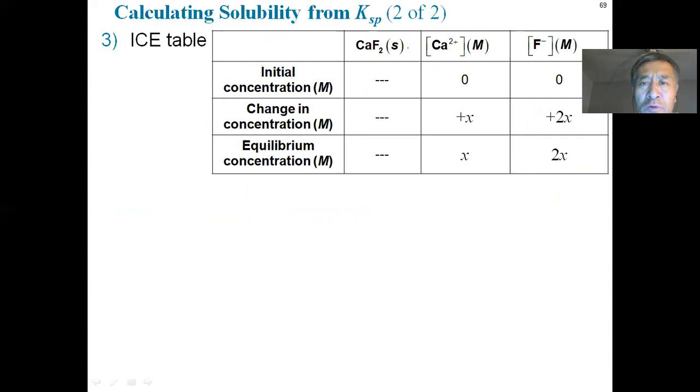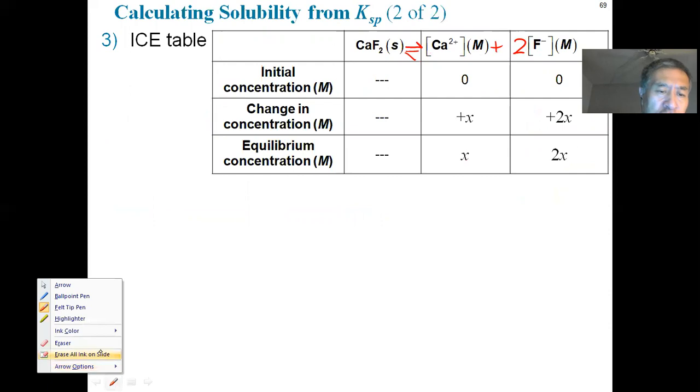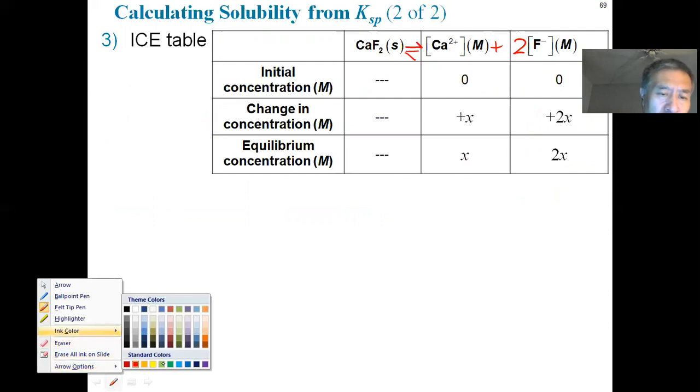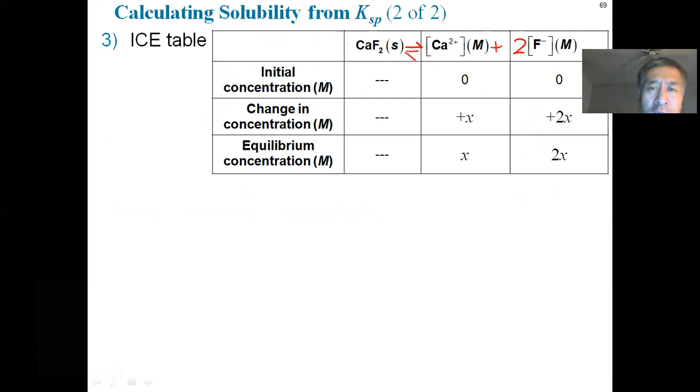If you write this as the equilibrium, you see here the 2, and then here the coefficient, that's why the other coefficient is 1. So the other one has 1x, even though this doesn't matter, you still see how much it dissolves. This one is 1x, then this is 2x.